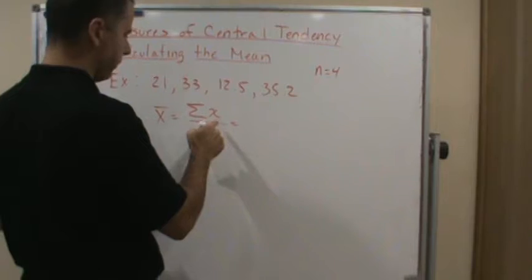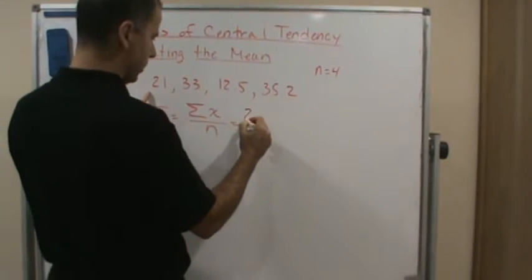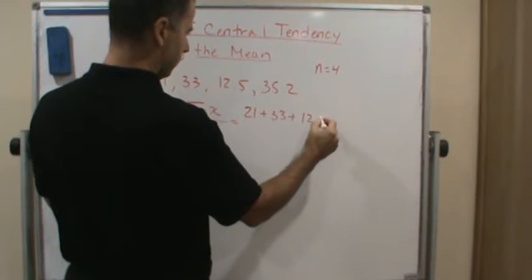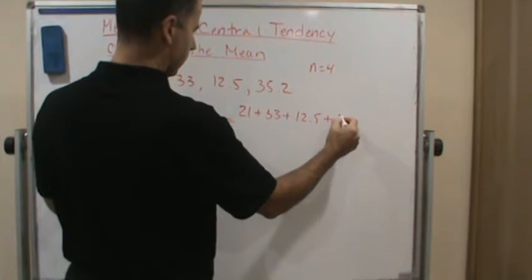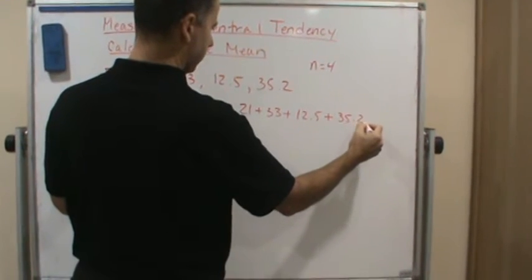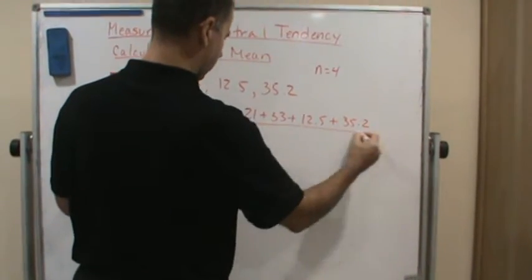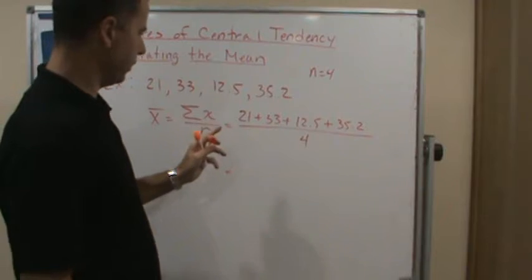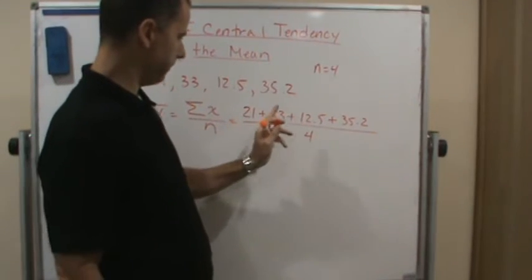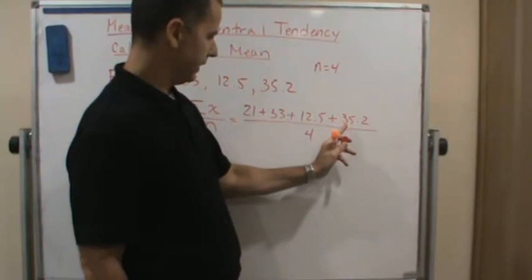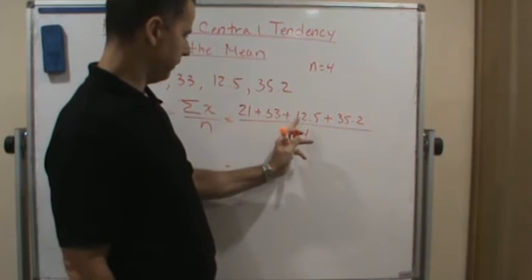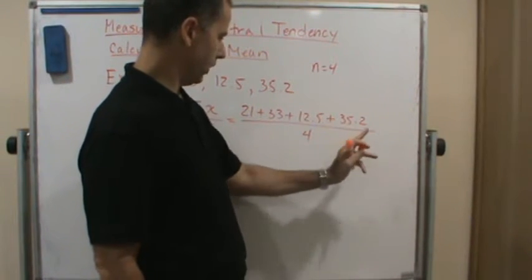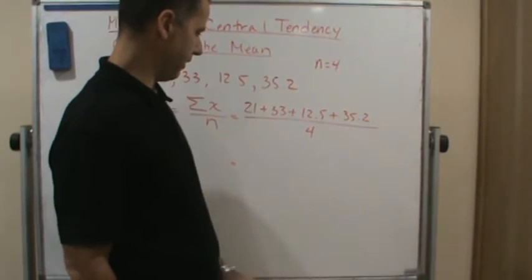Now, the summation of all of the x values, well, that's going to be 21 plus 33 plus 12.5 plus 35.2 over 4. And so what is this going to equal? Well, this is going to be 20, 50, 60, 90, 94, 96, 101, 101.7, right?